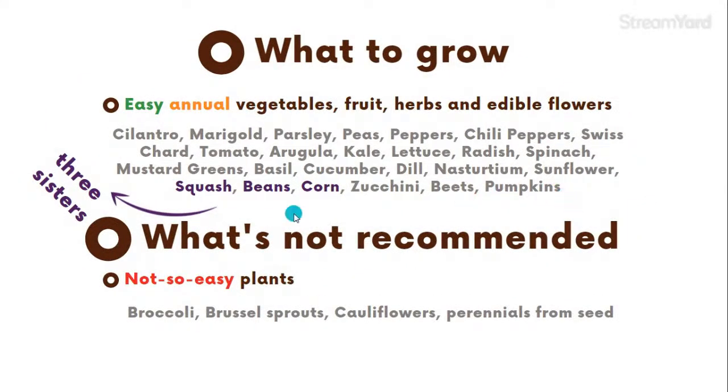Okay, so now, the squash, bean, and corn are the three that I suggest you plant with your students, especially if you do want to teach them about indigenous ways of life, because Three Sisters is an ancient method of indigenous people of the Americas that was a very, very sustainable way of growing food.